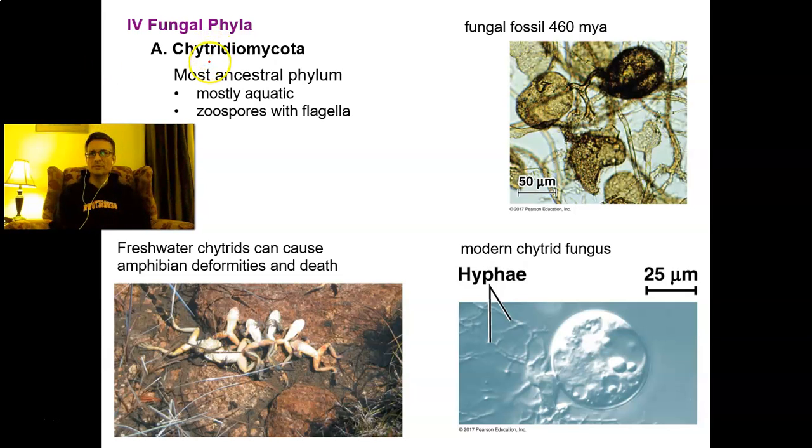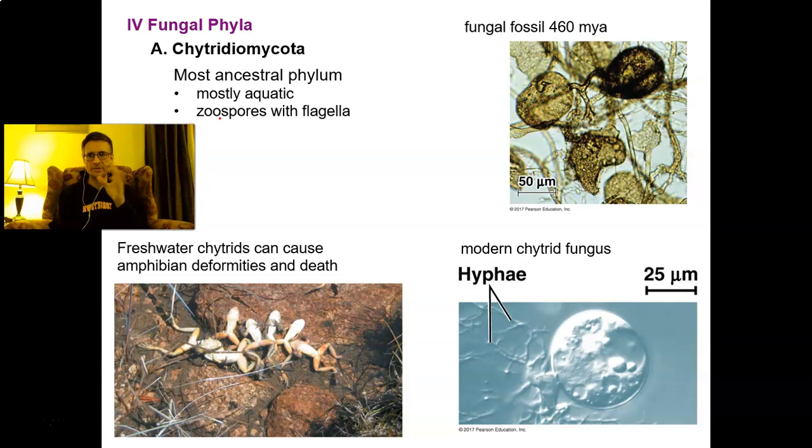As we look at the Chytridiomycota, we see a few features about this phylum that seem to correspond to it being a more ancestral group of fungal species. In particular, most of our Chytridiomycetes are aquatic. And to go along with their aquatic habitat, they have what are known as zoospores. So all the spores that we've talked about so far, the spores that I drew in the fungus life cycle, weren't motile.